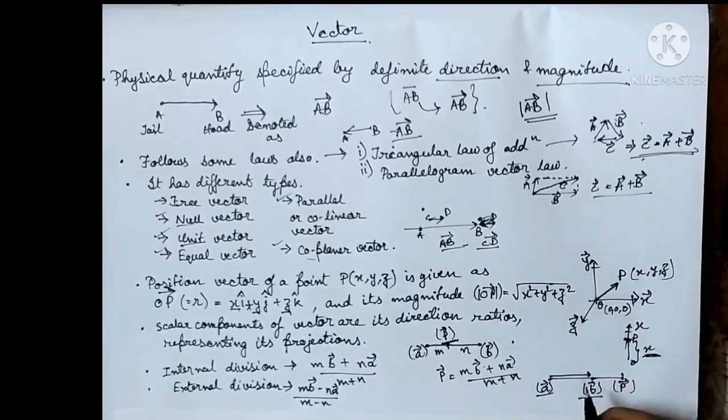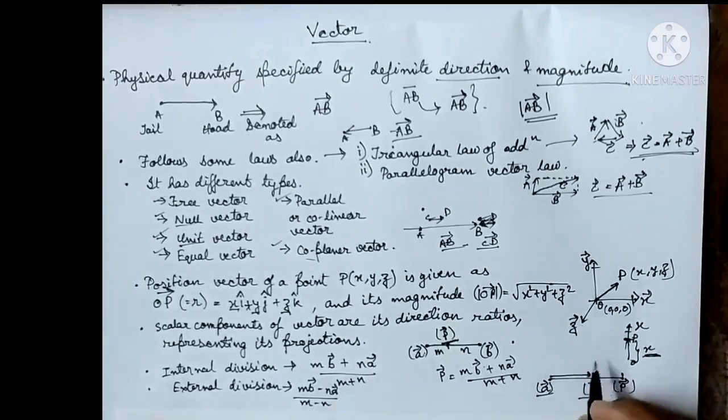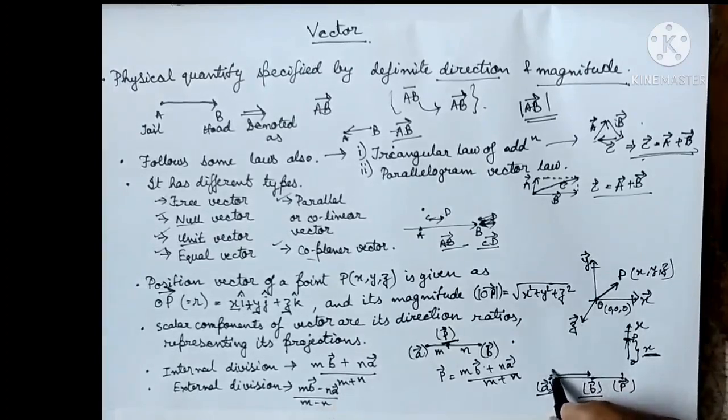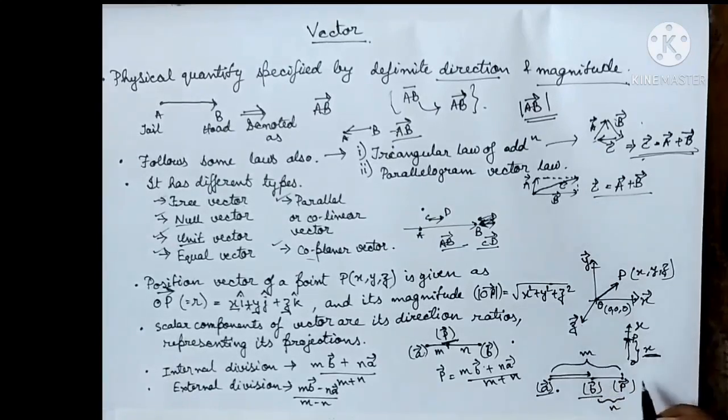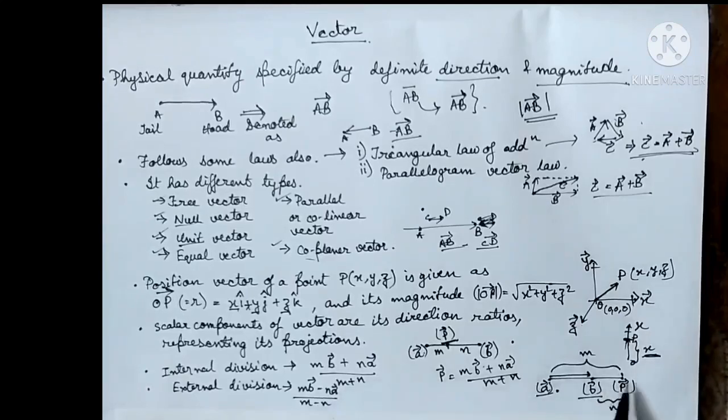For these cases we use the external division, where this whole part is M and this part is N. In this ratio M is to N, this line is divided as M is to N. If this is M, then this is N.